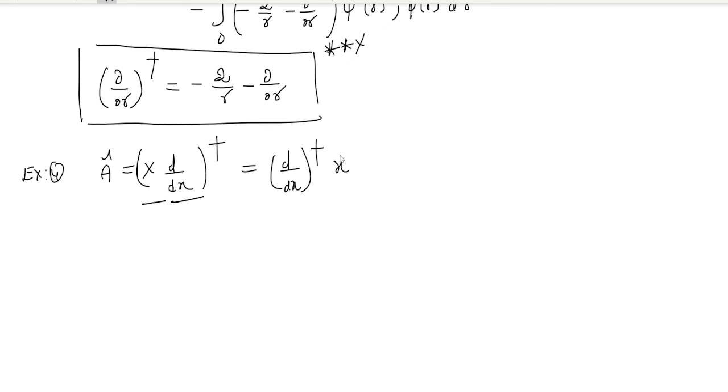Then x dagger, right? Since we know d/dx dagger is minus d/dx, and x is the same, x position is a Hermitian operator. Therefore, this function is not a Hermitian operator, because I got a minus sign. This is an anti-Hermitian operator.